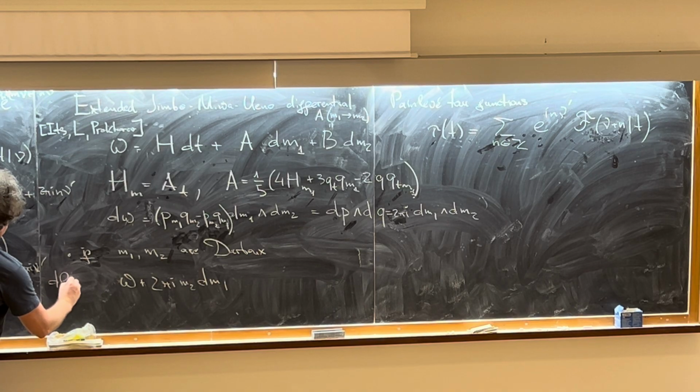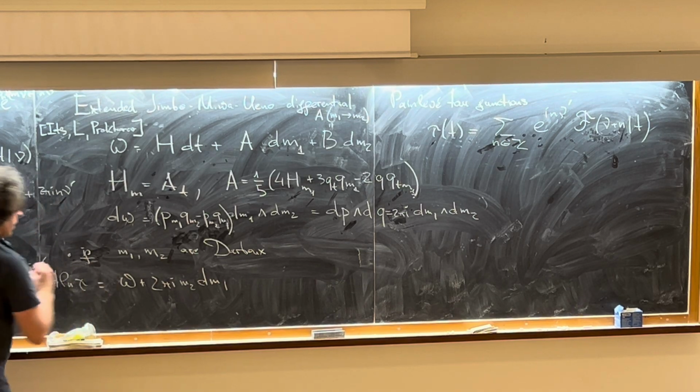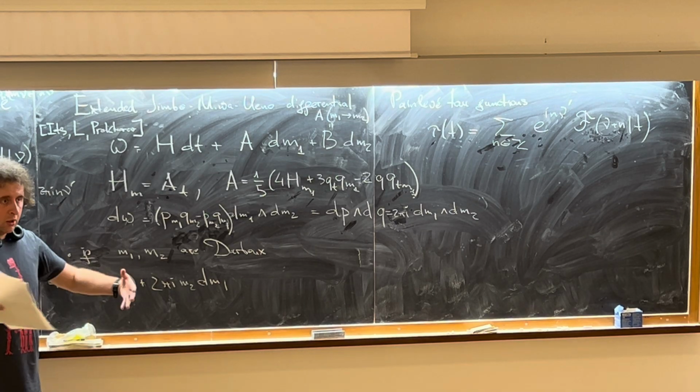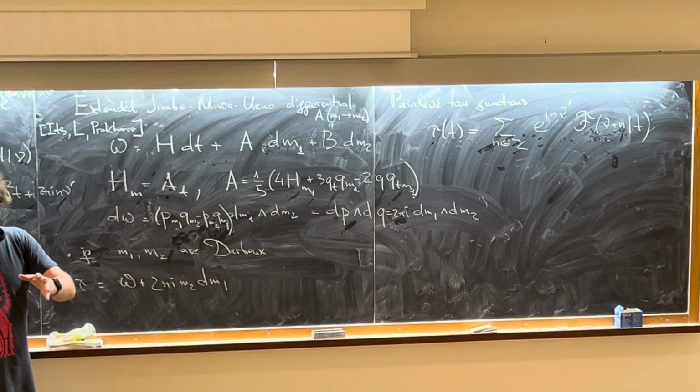So I can use it as a definition of my tau function on this extended space of time and monodromy data.